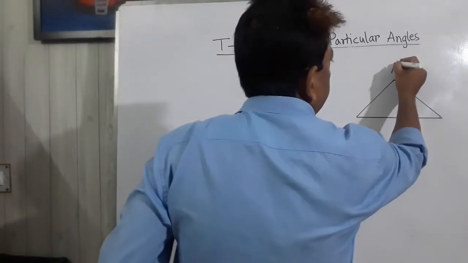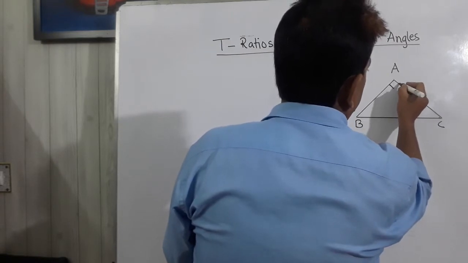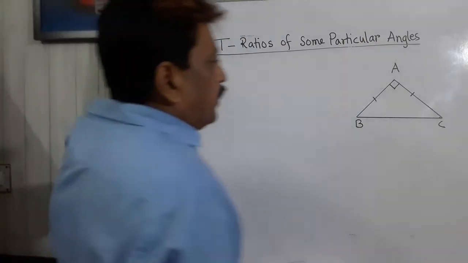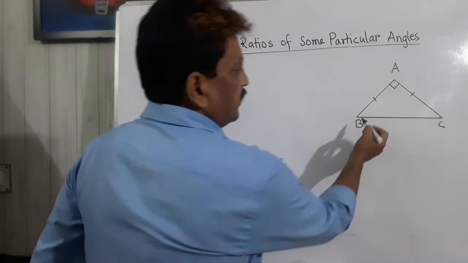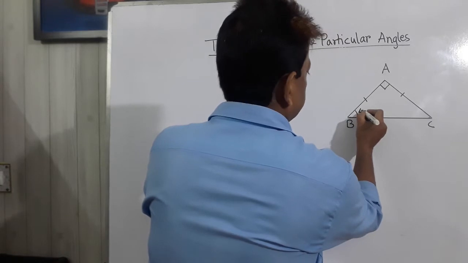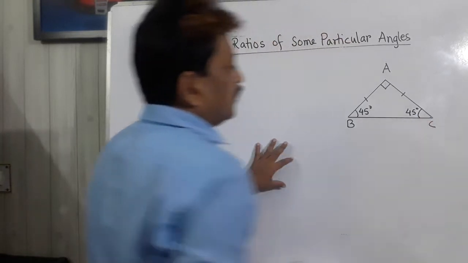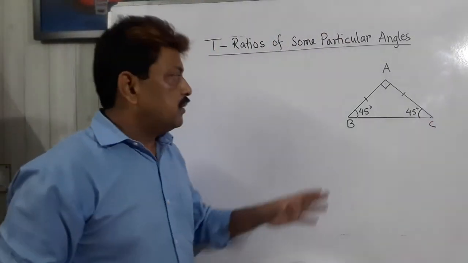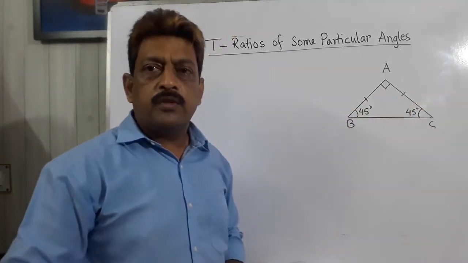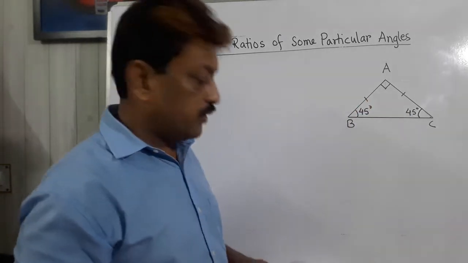Triangle ABC is an isosceles right triangle where angle A is 90 degree and AB and AC are equal. Now, since it is an isosceles triangle, angle B and angle C are also equal, and they are equal to 45 degree each. According to the angle sum property of triangle, since one angle is 90 degree, the sum of the remaining two acute angles must be 90 degree, and since they are equal, each angle is 45 degree.